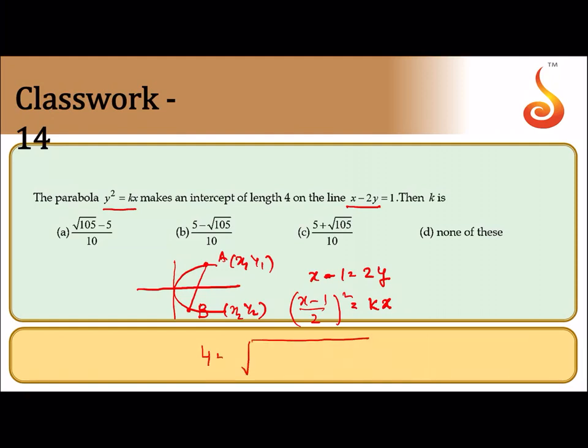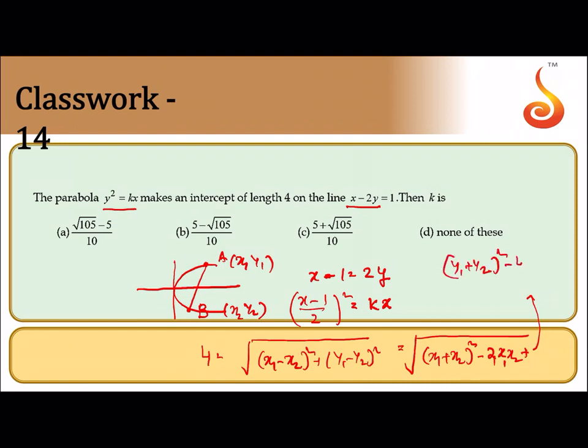So basically what you require is the intercept 4 given to you as under root of (x1 minus x2) whole square plus (y1 minus y2) whole square. This in turn can be written as (x1 plus x2) whole square minus 4 x1 x2, and similarly we can write (y1 plus y2) whole square minus 4 y1 y2.